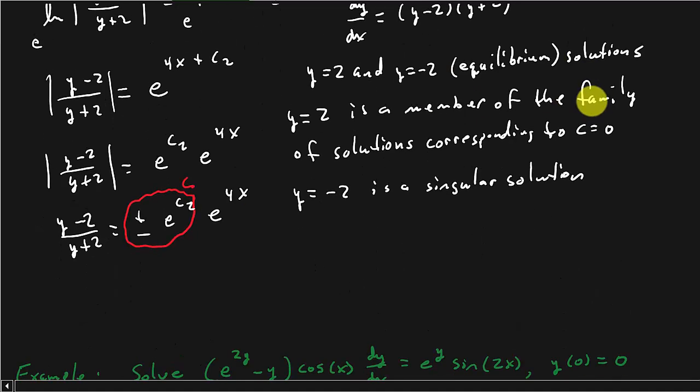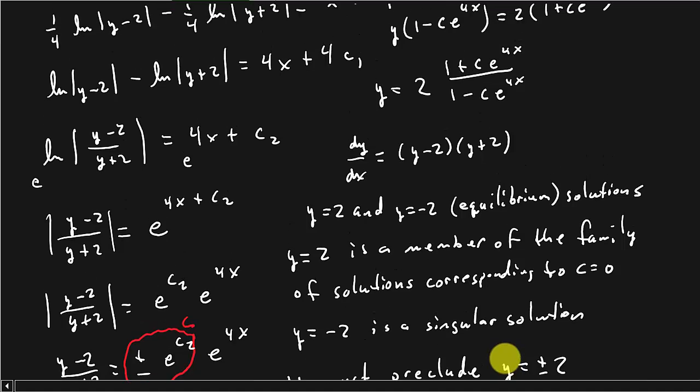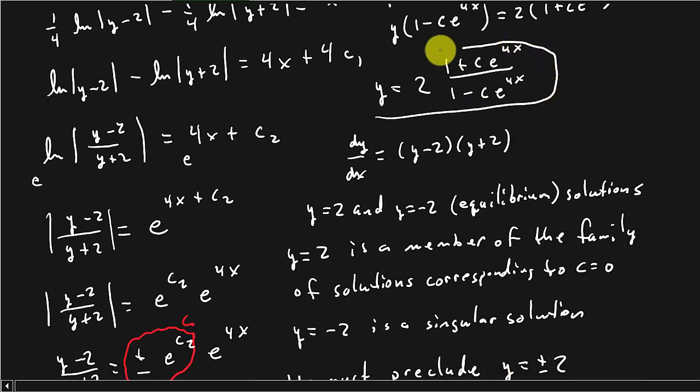So basically, we must prevent y equal plus or minus 2. So our solution here is going to be everywhere except for plus or minus 2.